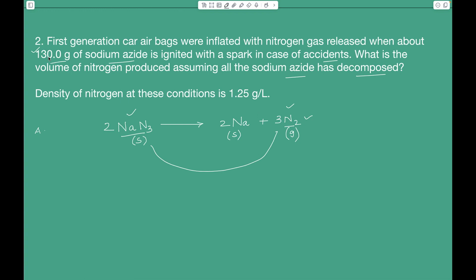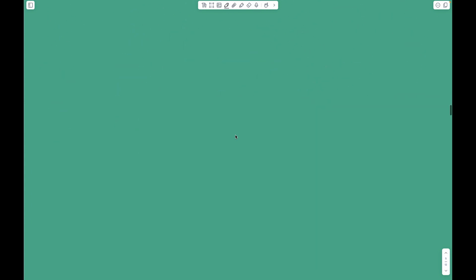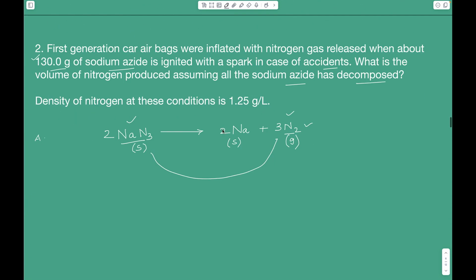From that, you can answer this question just the way we did here. Once you have the mass, you know how to calculate the volume given the density of nitrogen. Density is nothing but mass over volume. So volume would be mass over density. You calculate the mass from this relationship and the mass given, then use it to calculate the volume because the density is given.